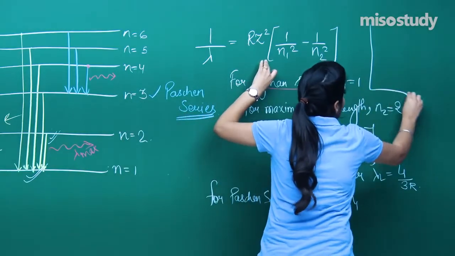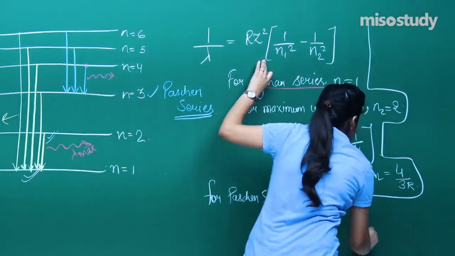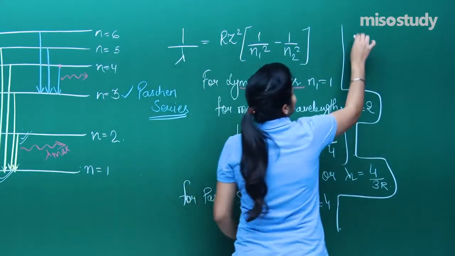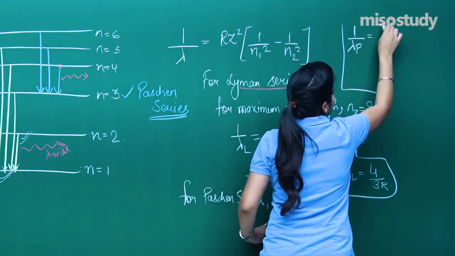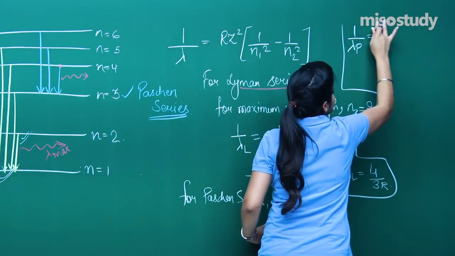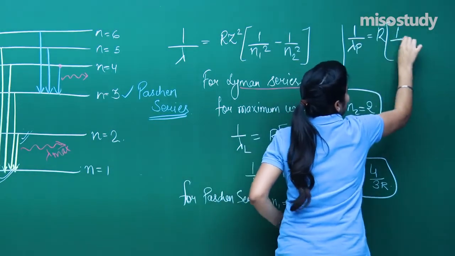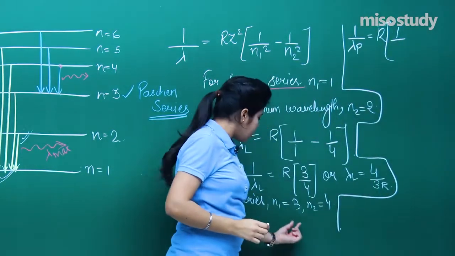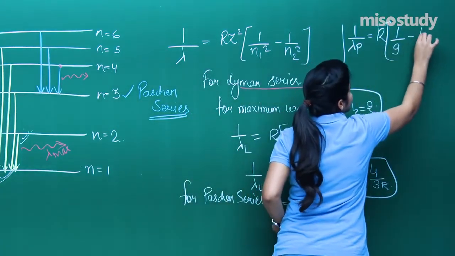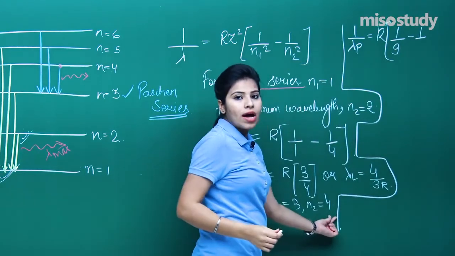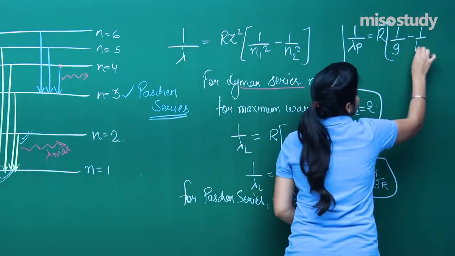Let me just draw for this. 1 by lambda for Paschen series will be equals to R into 1 by n1 square. Here n1 is 3. So we will be having 1 by 9 minus 1 by 4 square, that means 1 by 16.